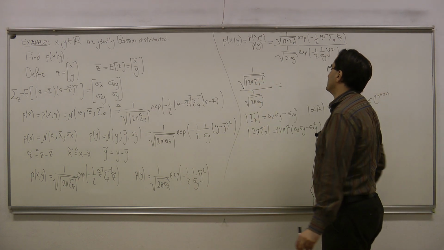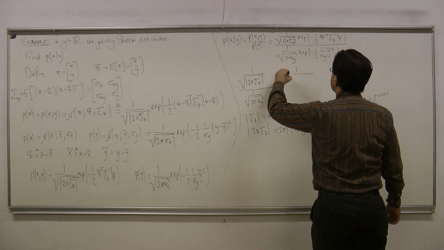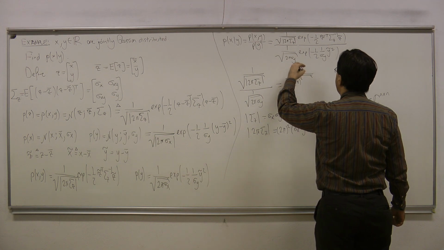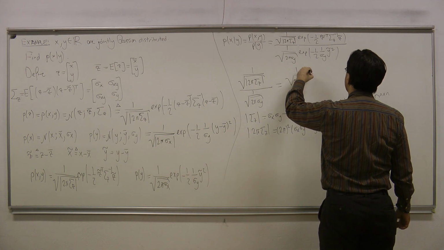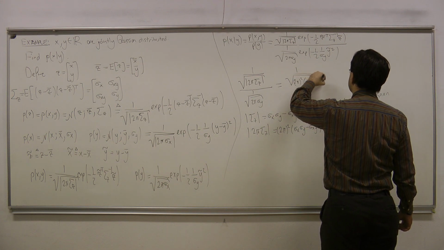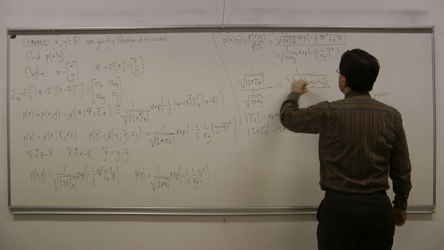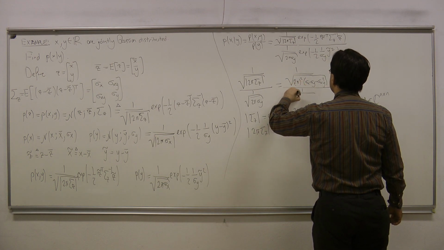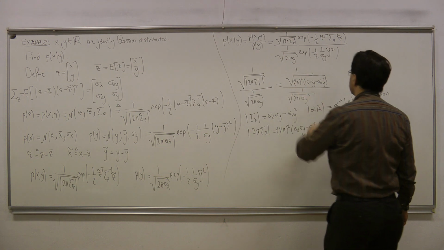Now here I will just write the resulting quantities. Square root, I would have 2 pi square, and I would have the determinant here, sigma x sigma y minus sigma xy squared, divided by 1 over square root 2 pi sigma y. Okay?